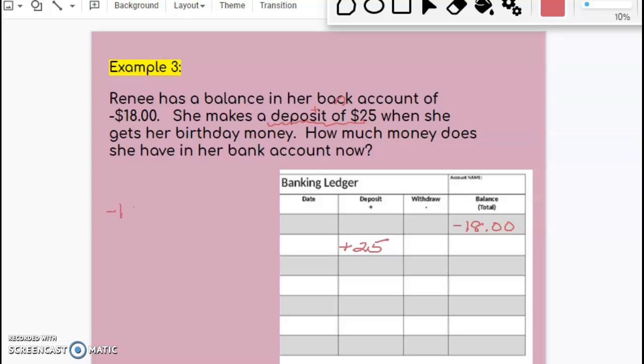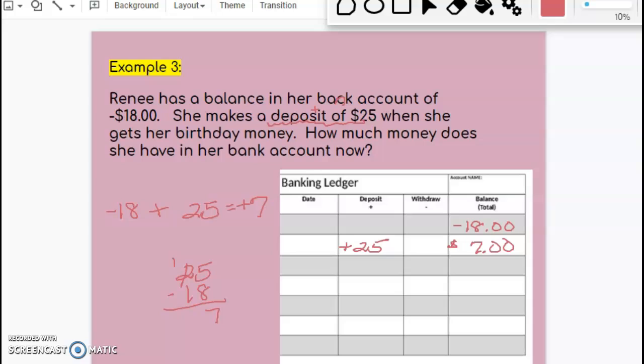If she started with negative 18, followed by a deposit of 25, see what she has left. Well, my signs are different, so I'm going to subtract 25 minus 18. We have to borrow here. So we get $7 and take the sign of the higher number, which is 25. So her balance now is $7.